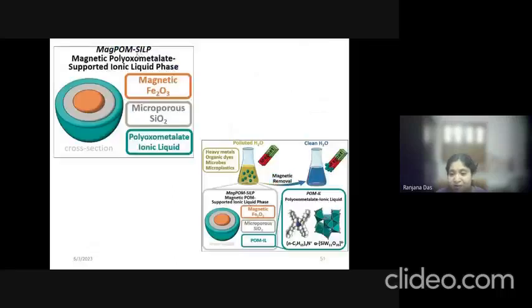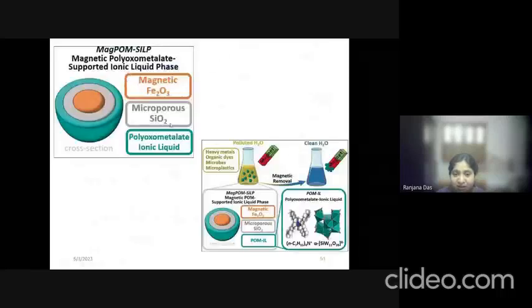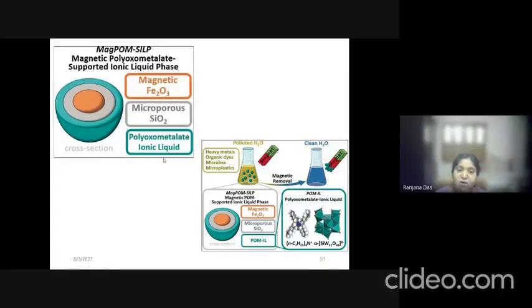This is the design of the nano scavenger, not only of biochar, and in this magnetic nano scavenger, these types of functions are mainly happening. The design is obviously in your hand: which type of polymer you should use, or what type of functional material you should use, is obviously your choice.